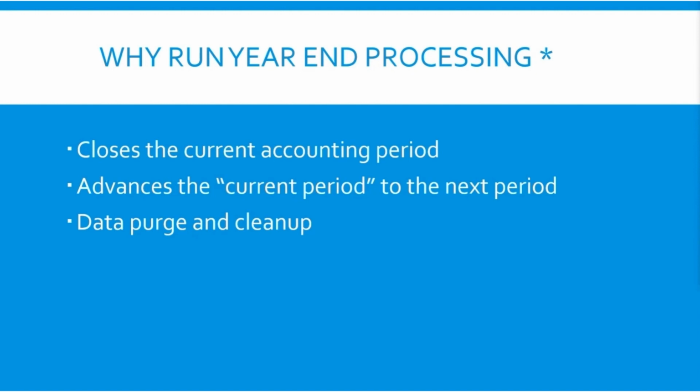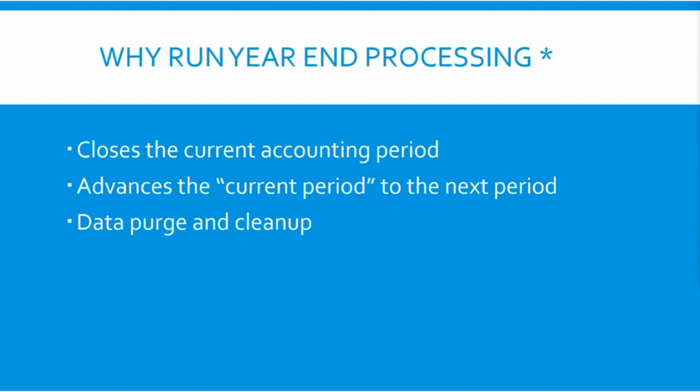Part of the year-end process is to clean up that open invoice file. Since that hadn't been done for so long, the report was taking a number of minutes. We got them caught up by running the year-end processes, and that report now generates in about 60 seconds. So it's a much quicker process. It does clean up the data, and that's something you want to pay attention to when you're running the process.